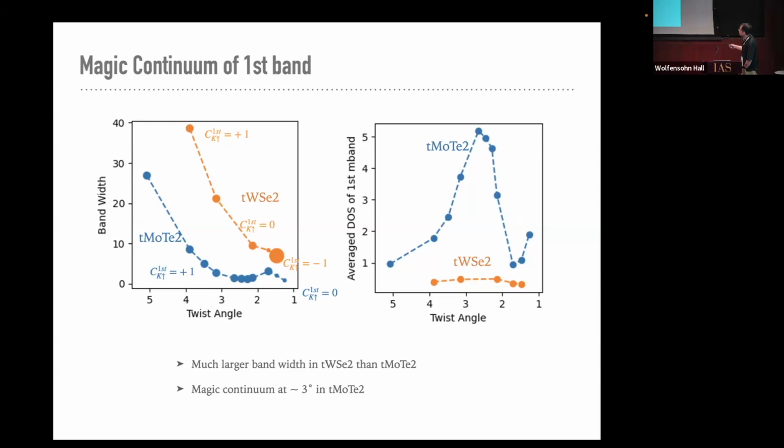But for WSe2, you really have to go to very small twist angles. At the same time, for the average DOS, twisted WSe2 stays low, but for twisted MoTe2, you have this very large DOS. So that's where the magic continuum comes from, right? Basically from roughly 3.5 or 4 degrees to 2 degrees, we should see interaction-driven phenomena.